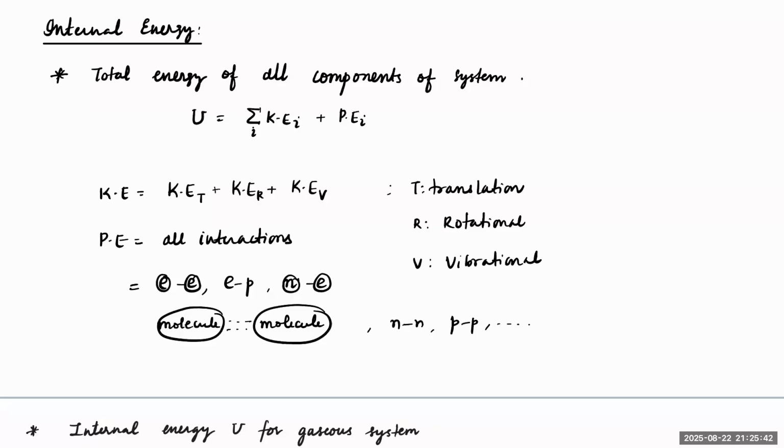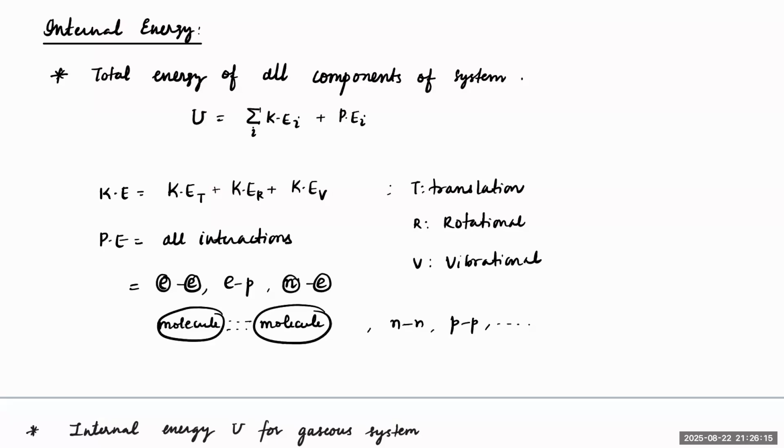Within the molecule there are also bond energies, and electrons present have kinetic energy and potential energy, isn't it? From the microscopic level of energies to the macroscopic level, every energy that you add, that total will become internal energy.